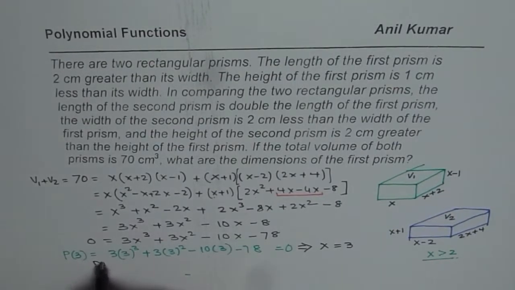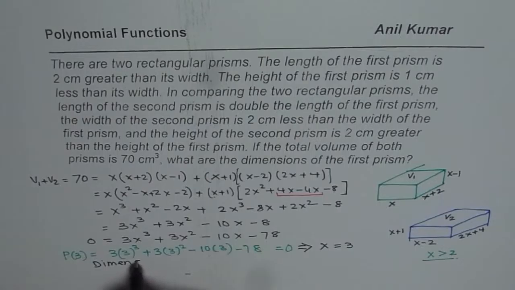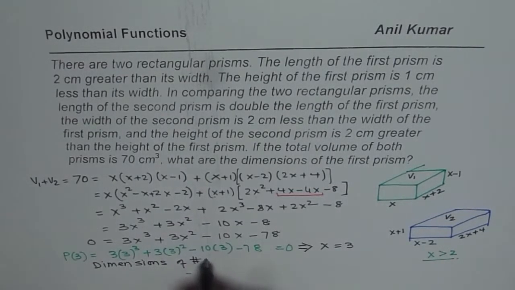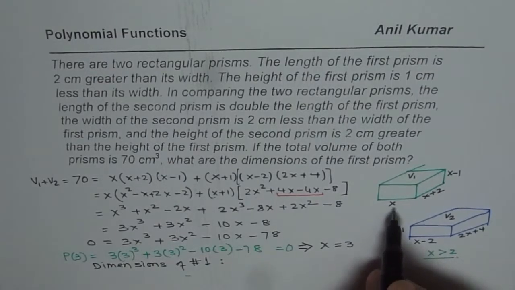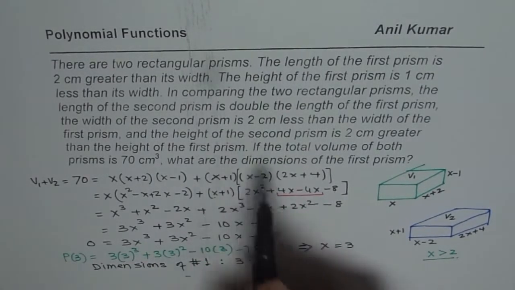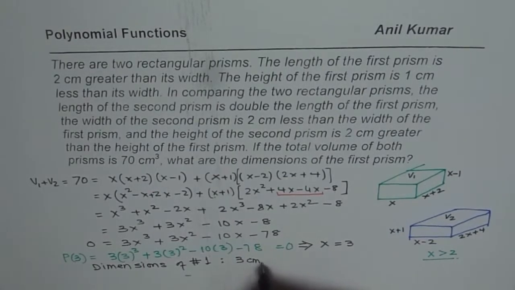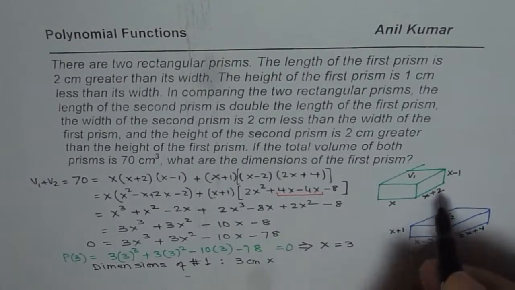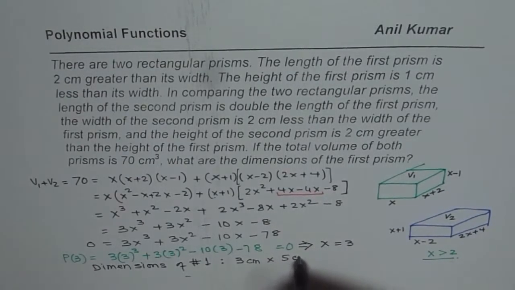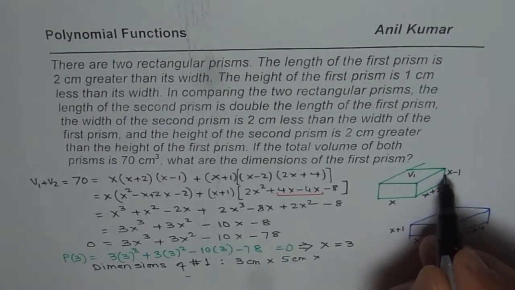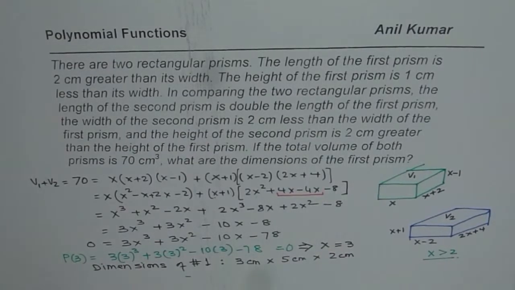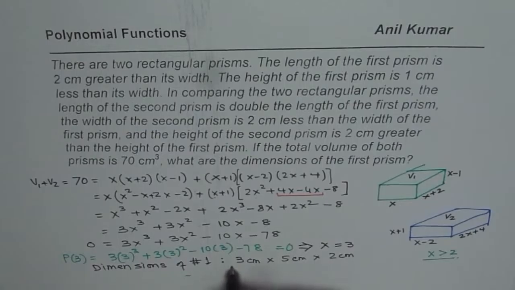So we can say dimensions of box number 1 are x is 3, so we get 3, and since the units are in centimeters, we'll write centimeters. By this 3 plus 2 is 5, right? 5 centimeters. By 3 minus 1 is 2, so 2 centimeters, correct?